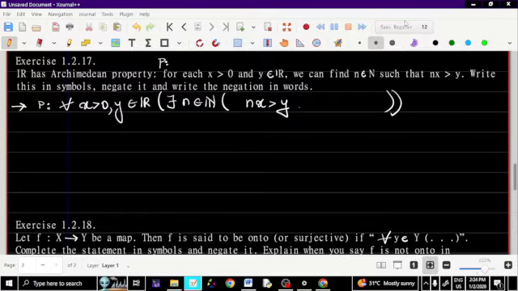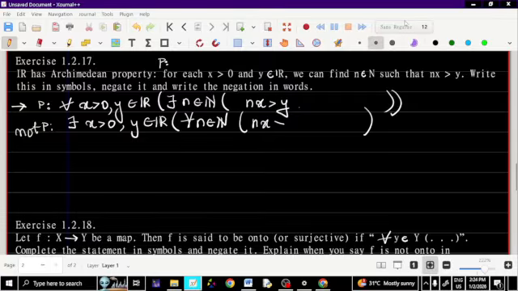So what will be its negation? There exists a real number x positive and a real number y such that no matter what natural number you take, for all n in N, nx will never be greater than y. This will be the negation using quantifiers. And in plain English, how can you frame the negation?